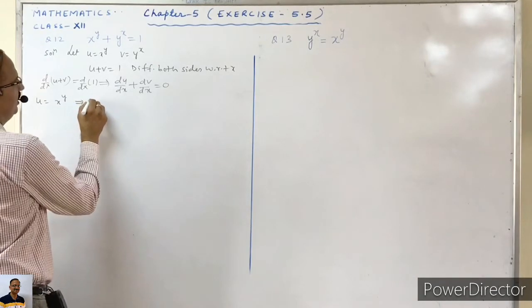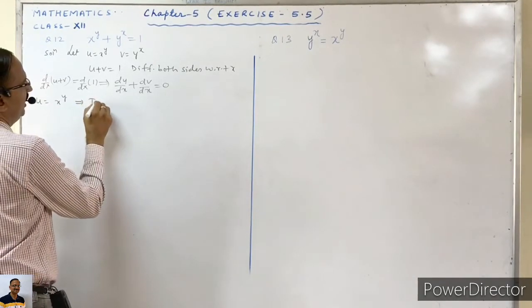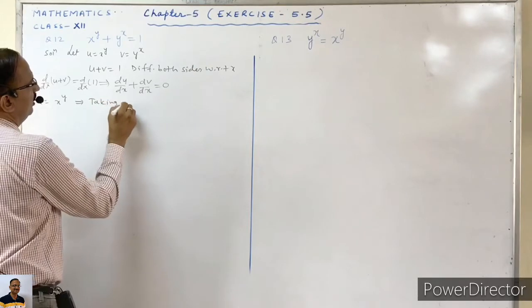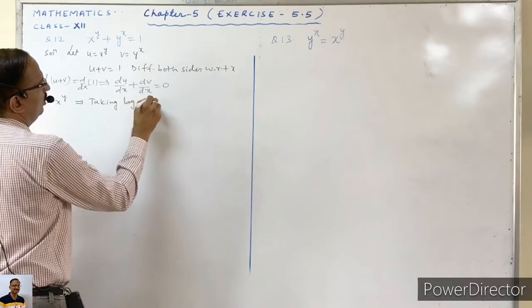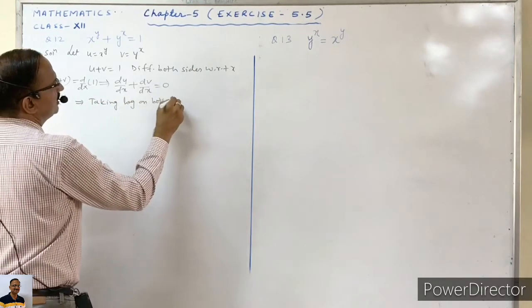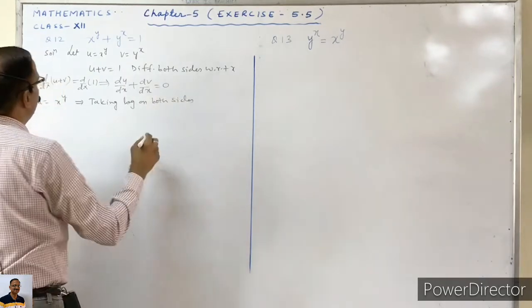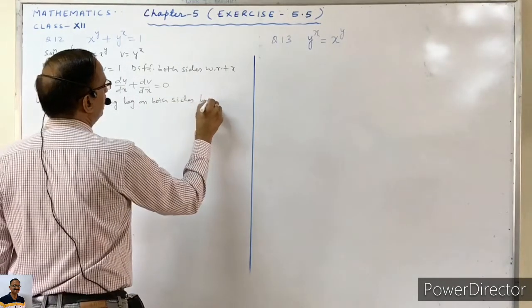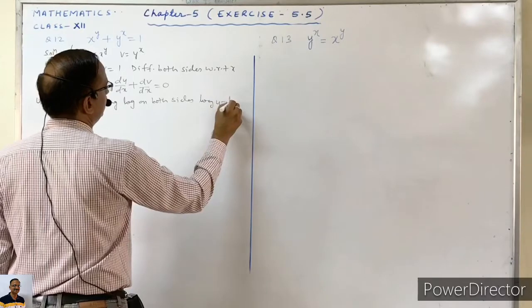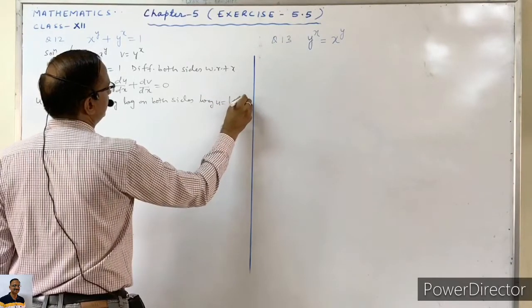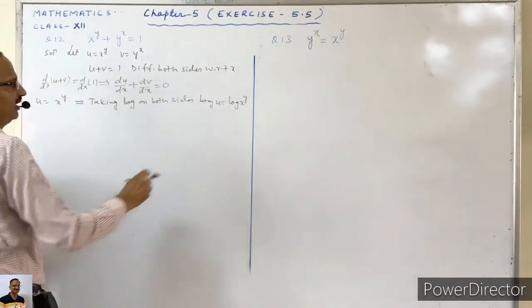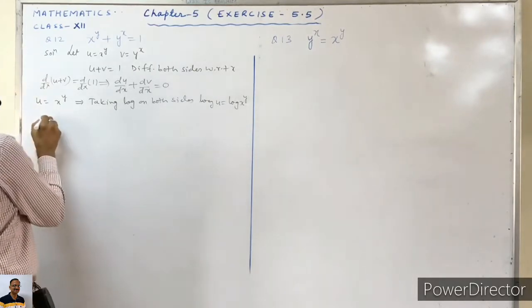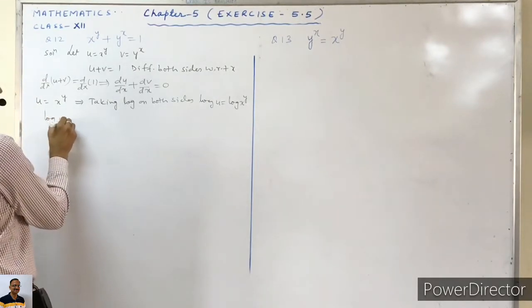So by using logarithm we can write taking log on both sides. So we will get log u equals to log x raised to power y. Now this can be written as log u.